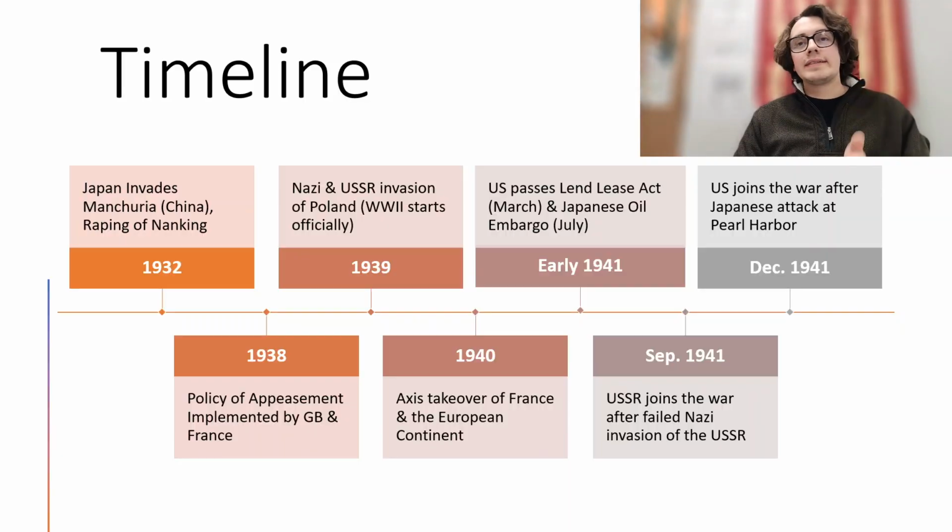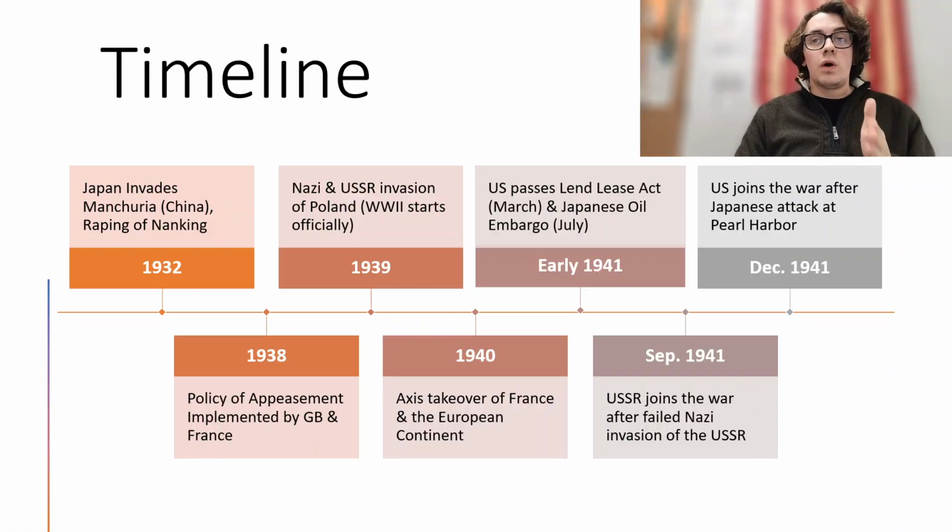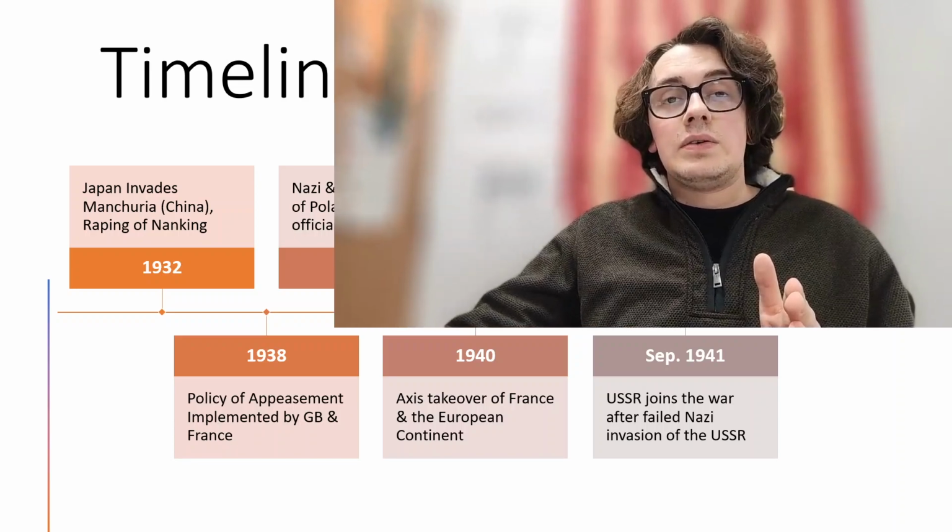Early 1941, the US is going to pass the Lend-Lease Act in March, the Japanese oil embargo in July. 1941, Nazi forces are going to invade the USSR, breaking the non-aggression pact and bringing the USSR into the war. And then finally, December of 1941, the Japanese attack on Pearl Harbor is going to take place, and that is going to lead to the US involvement in World War II.